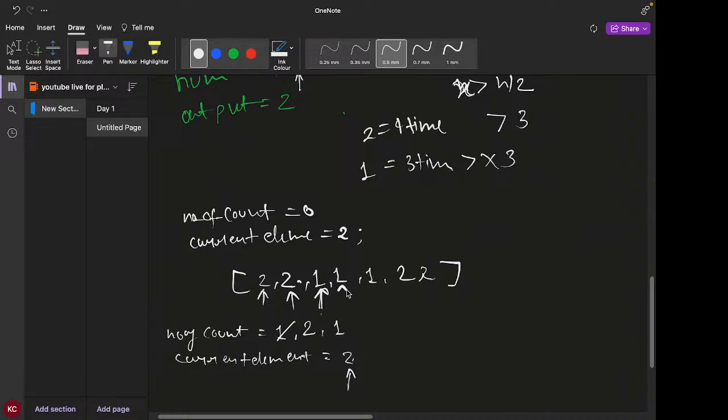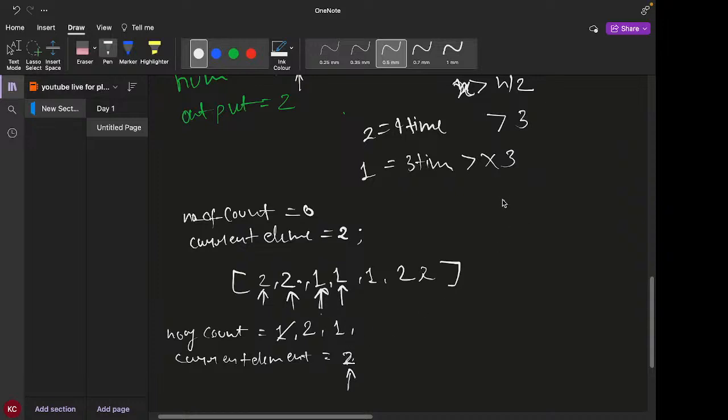Then we move to the next: I got 1 and the current element is 2, so they are not matching, and I decrease the count.